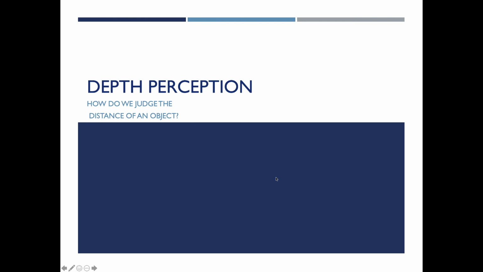Another important question is, how do we judge the distance of an object or the depth of an object? How far away is an object to us? And understanding this will help us understand a couple of perceptual illusions or visual illusions that we have when we see things and misperceive them.